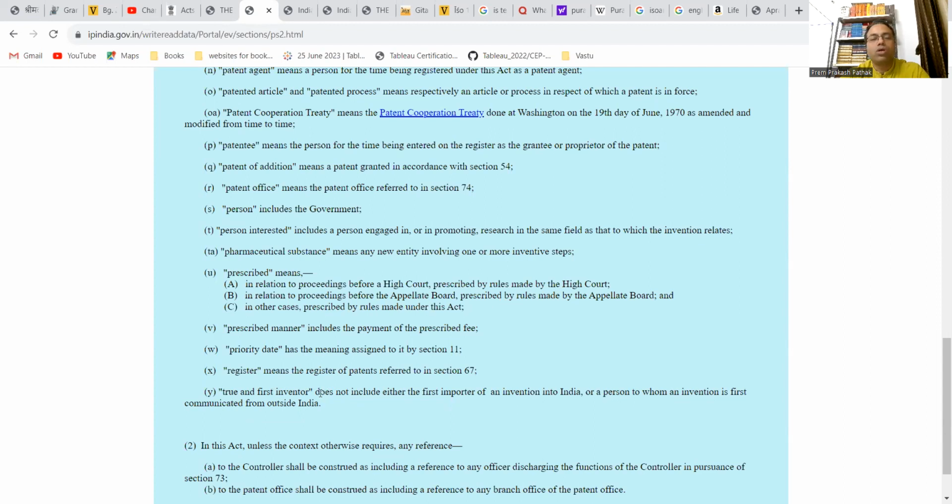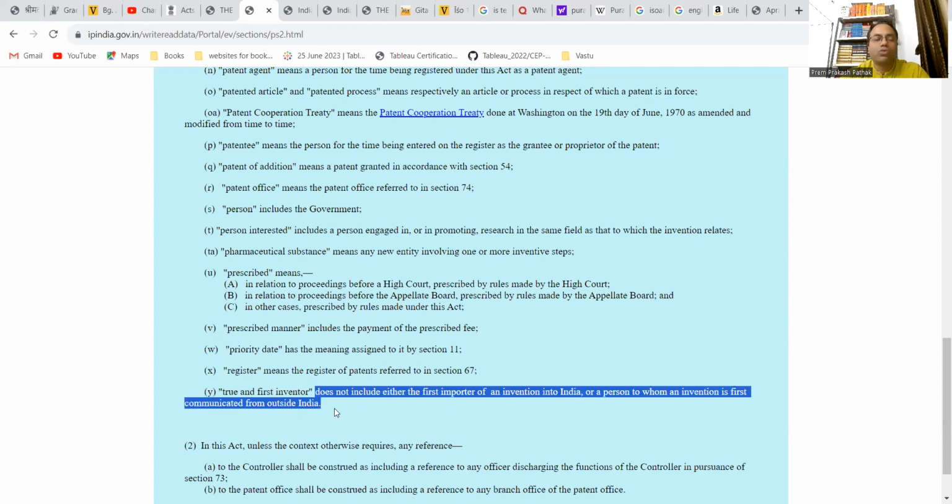So it does not say what includes true and first inventor, but it says what does not include true and first inventor. Okay. By the meaning of the words, we can say that it is the person who invented first and who filed first. We can discuss more about it, but according to the definition, it says what does not include.